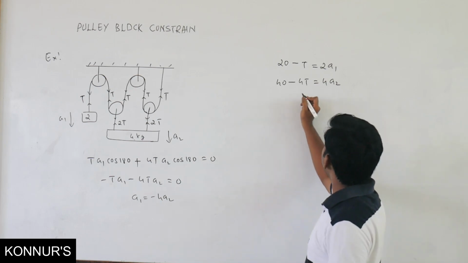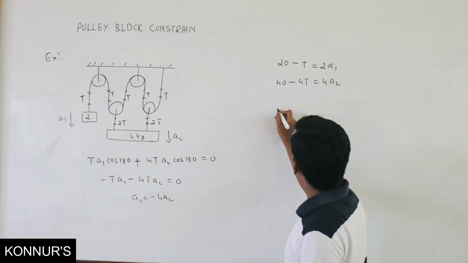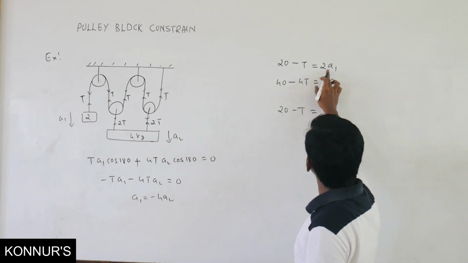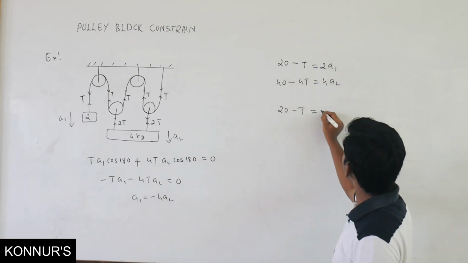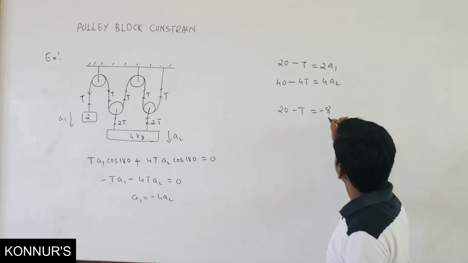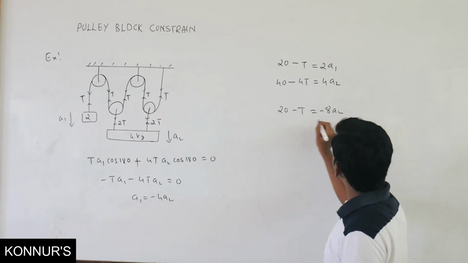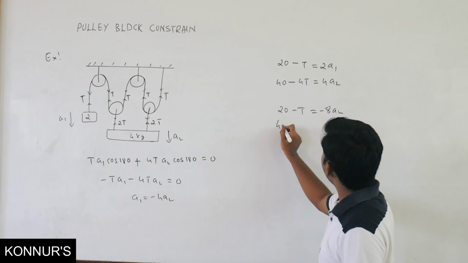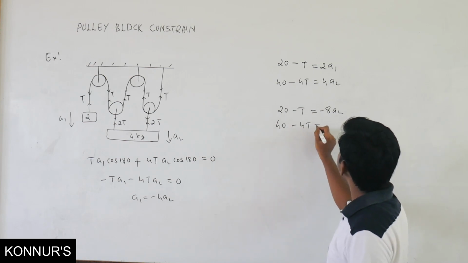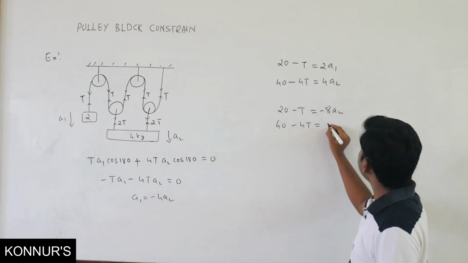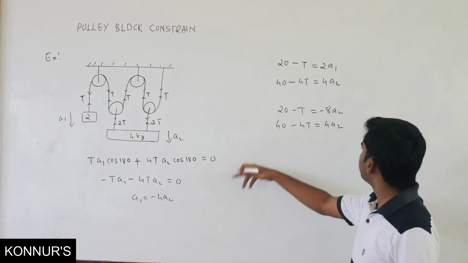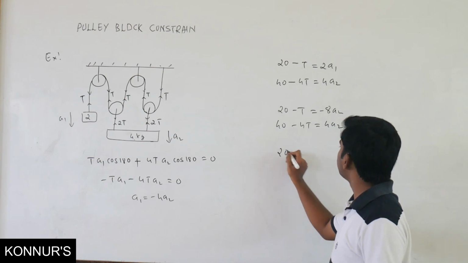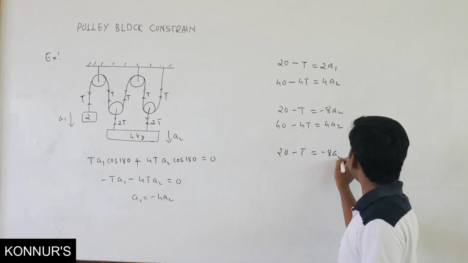So how can we solve this one? 20 minus T equals 2a1, and a1 is minus 4a2, so this will become minus 8a2. Here 40 minus 4T equals 4a2. Now you can take 4 common over here. You know how to solve the equations.